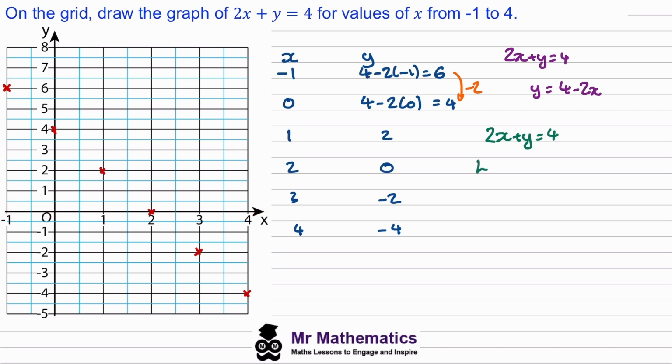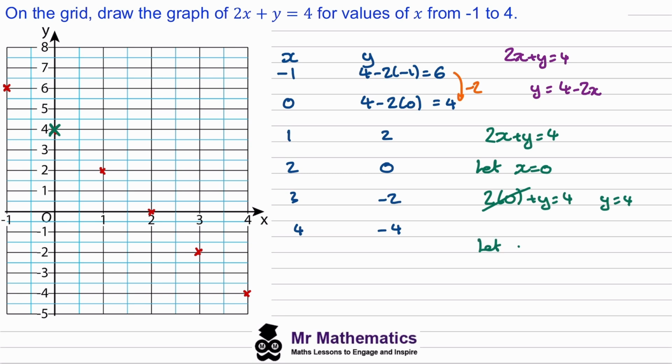So if we let x equals 0, we'll find the coordinate along this axis. So we'll have two lots of 0, substituting 0 into here, plus y to make 4. 2 times 0 is 0, so y will equal 4, which is this point here.